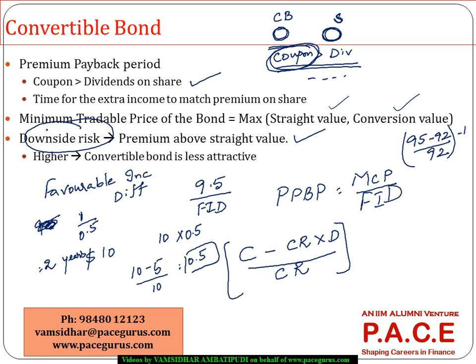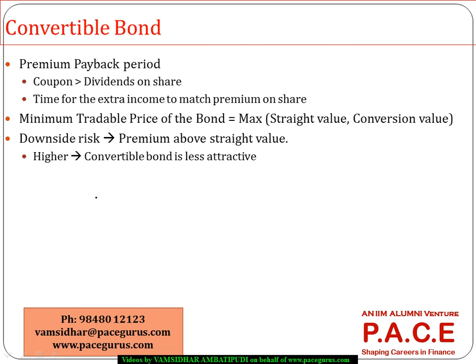So the value of a convertible bond is nothing but the straight value plus the value of the call option, because this is the benefit that is being given to the investor, not the issuer. The value of the convertible bond is equal to the value of the option-free bond plus the value of the call option. The value of the call option, again, you can try finding out using a Black-Scholes kind of formula itself.